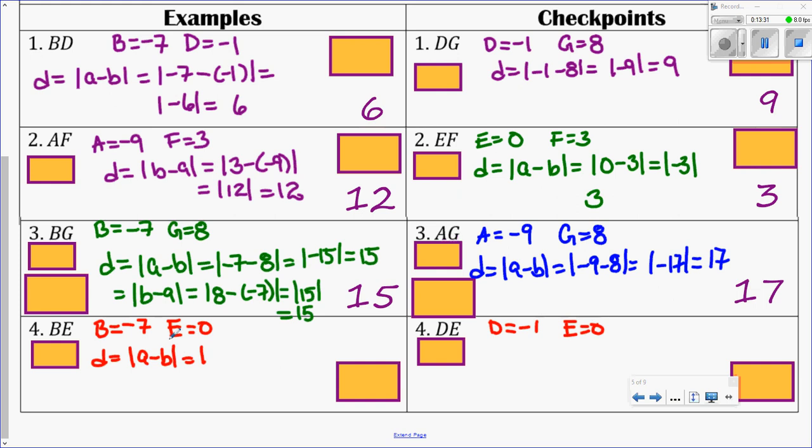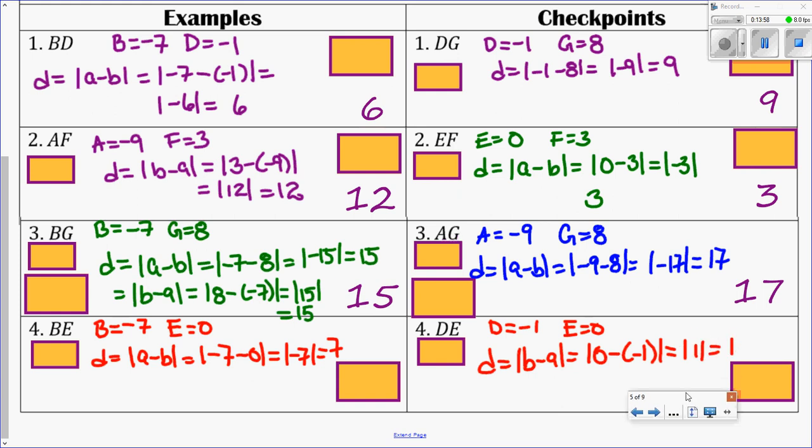It doesn't matter which one you put as A or B, as long as you pay attention to the signs. And then this one, I'll use B minus A. So that'd be 0 minus -1. That'll give you a 1.